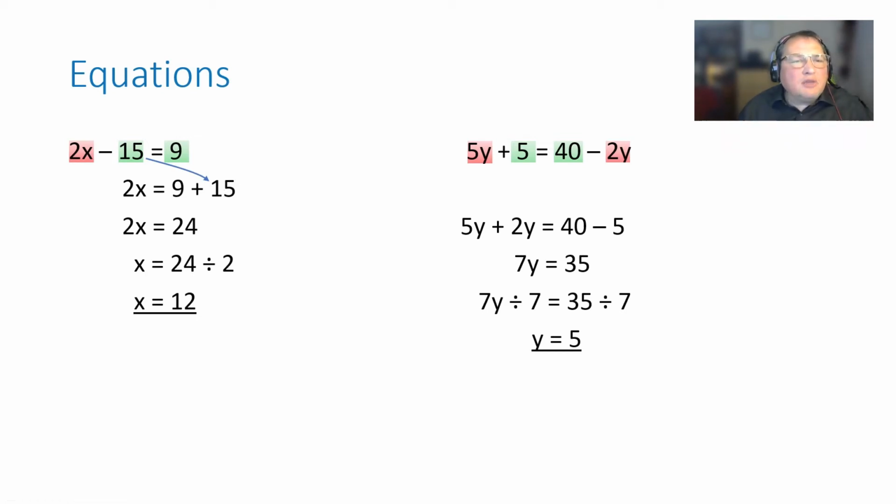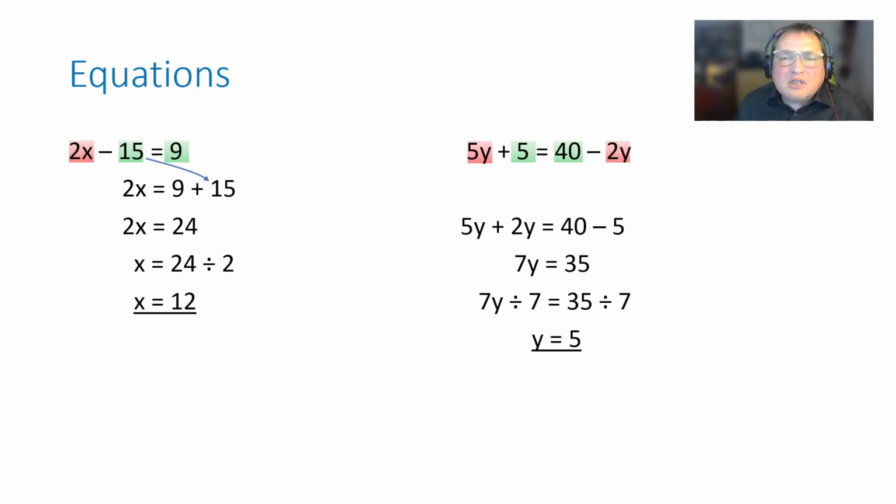So once again, if a component remains on the same side of the equation, like 2x or like 9, it remains intact. But if we need to move the component across the equals sign from the left side to the right side or from the right side to the left side, the sign has to change from minus to plus or from plus to minus.